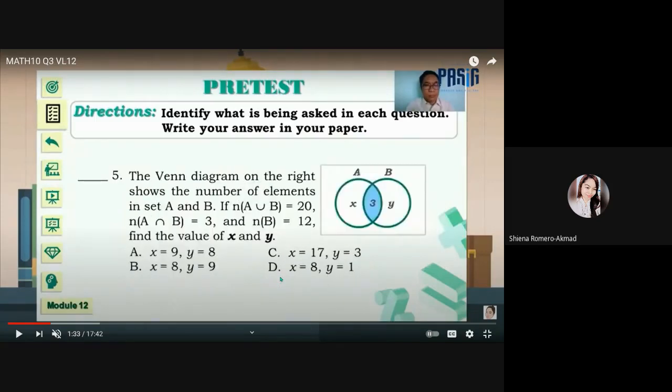On number 5, ito naman, madali lang din to, the Venn diagram. We are already familiar with this. It has events A and B, and si event A is represented by X plus 3. Okay, kasi pareho sila, ibig sabihin meron din siya niyan, mga elements na yan. Si event B naman is Y plus itong natitirang elements.